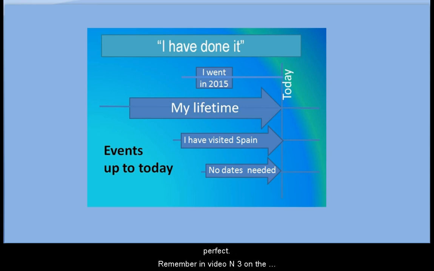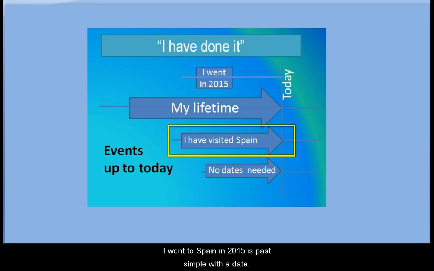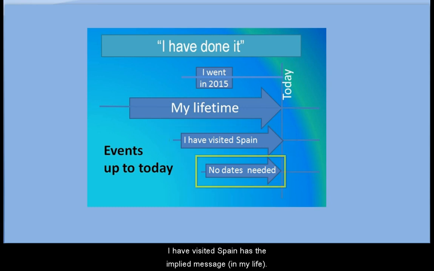Remember in video number 3 on the past simple, we talked about no connection to today. I went to Spain in 2015 is past simple with a date. I have visited Spain has the implied message in my life. No dates, no details.